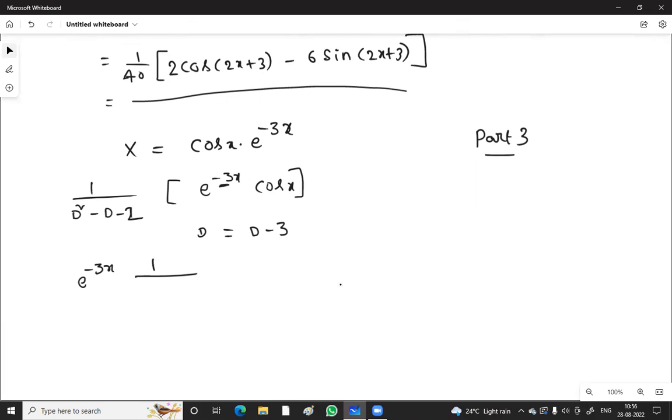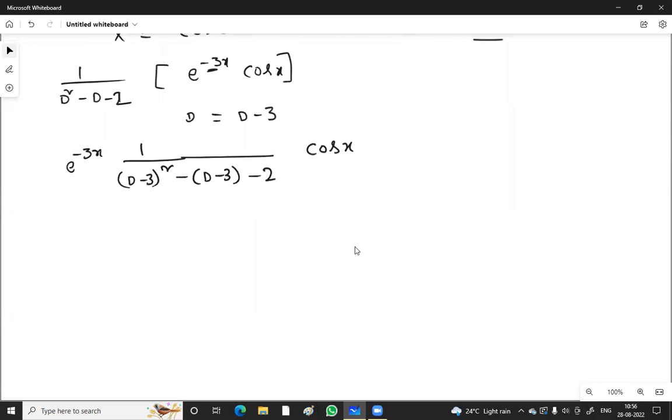1 over D square, it means (D minus 3) whole square, minus (D minus 3), minus 2. You have to operate on cos x. So e power minus 3x is anyhow on the left hand side, so you no need to operate on this. 1 over (D minus 3) whole square, (a minus b) whole square is a square minus 2ab plus b square, minus D plus 3 minus 2, should operate on cos x.